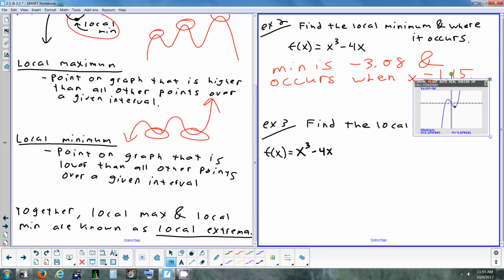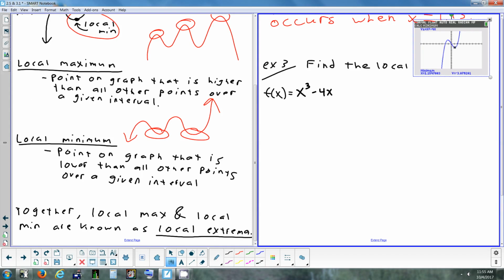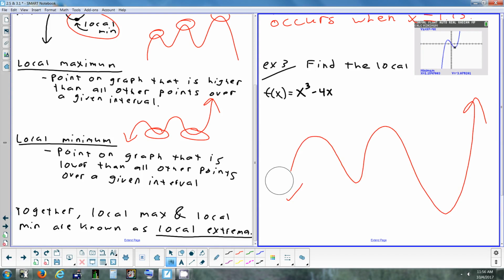When you look at a local max or min, think about being on a roller coaster. Right before the local max, what are you doing? Going up, elevating.